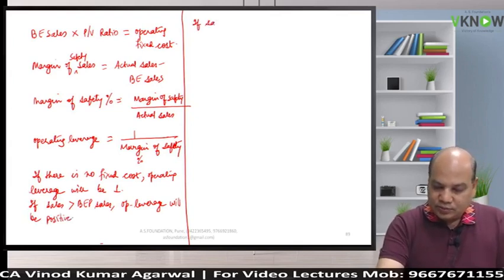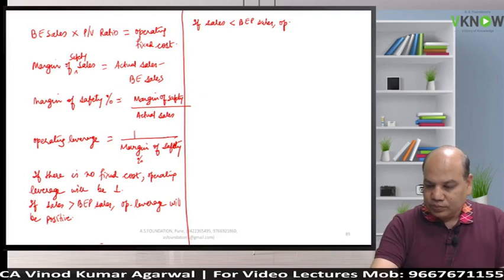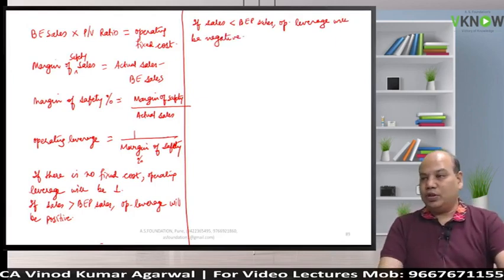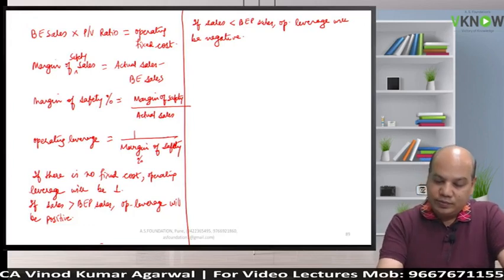If sales are below break even point sales, operating leverage will be negative. All these basic points you have to keep in mind. One day before the exam, you can just quickly revise.